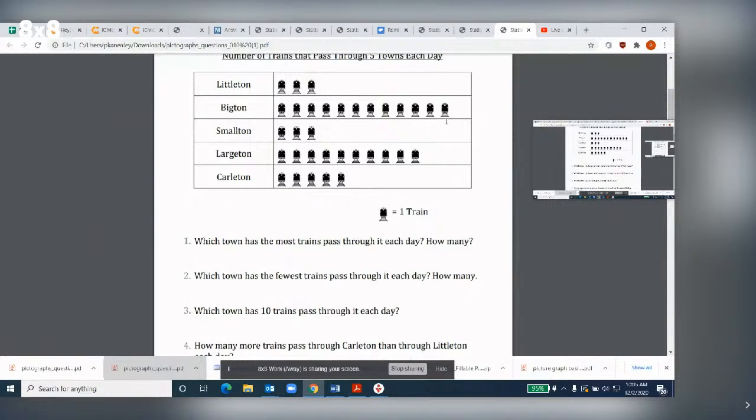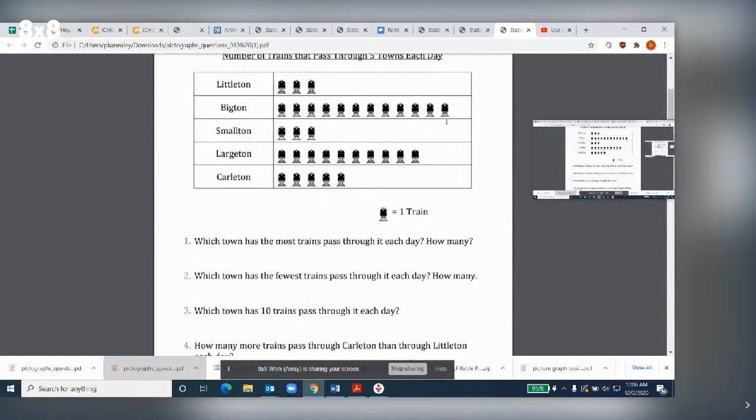Then you go up to the top with Littleton and you're going to say, well, it has 11 trains, 8 more than 3 of Littleton. So you can do this a couple of ways. This one's kind of an open-ended question. So you could just say it has more or less, okay? Or you could do the specific number.